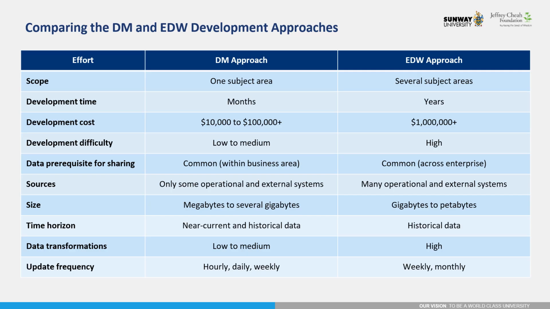We can even deal with weekly and monthly data. Of course, if you are dealing with small and medium enterprises, then the DM approach is also fine. This depends on your company and where you are implementing this system.